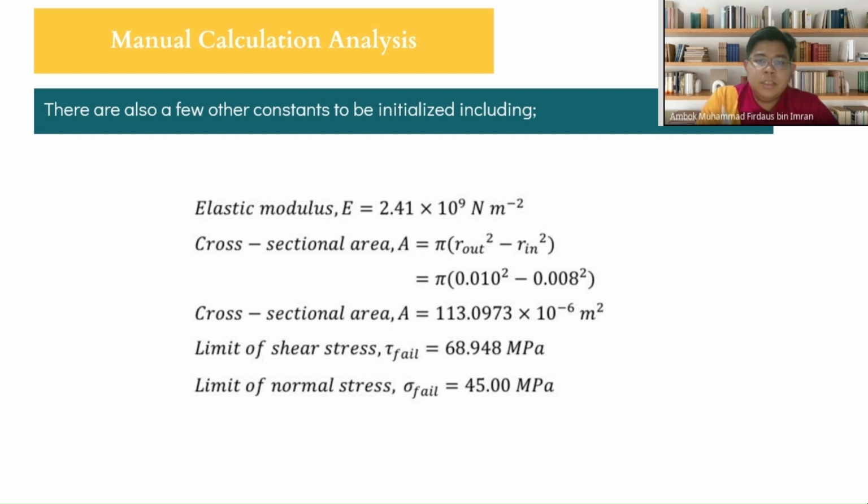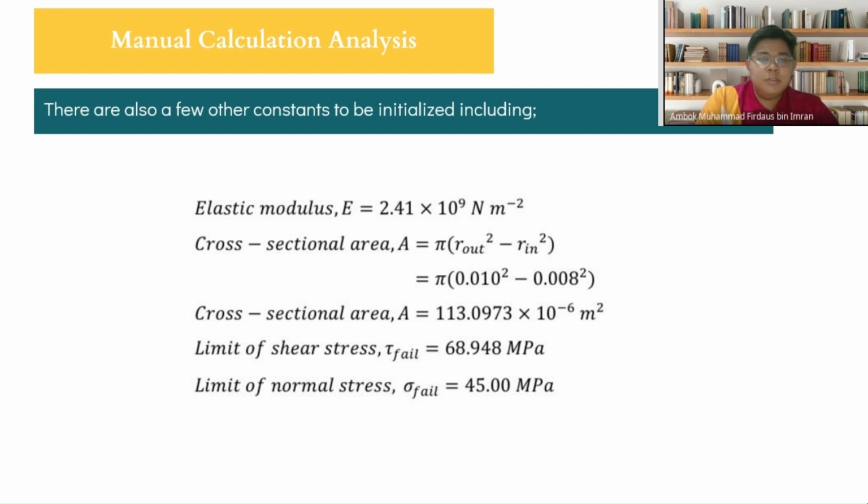The outer radius and inner radius included inside this cross-sectional area were initialized in the SolidWorks model, and this was covered by Mark Zihong. And then the limit of shear stress and also limit of normal stress. The limits of shear stress and normal stress were unfortunately not determined in the SolidWorks model because it was not possible.